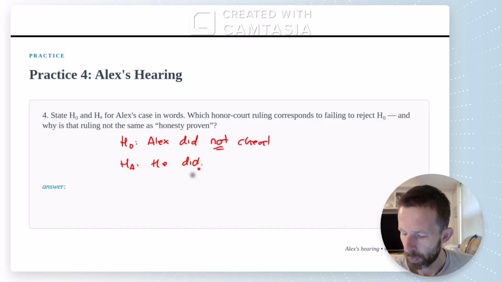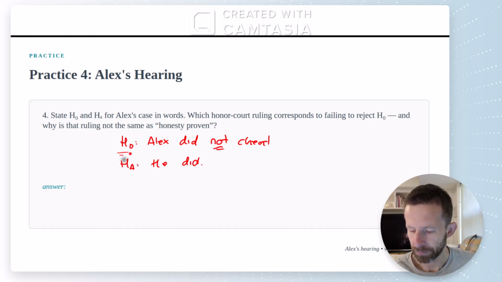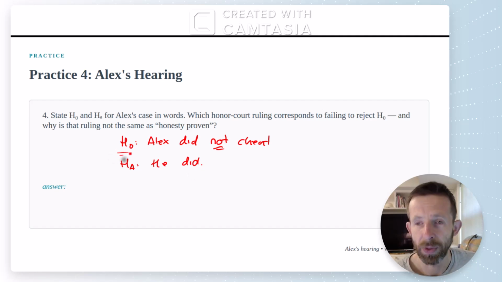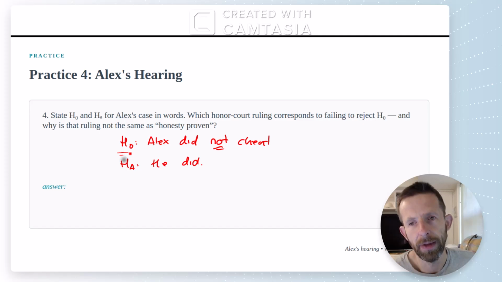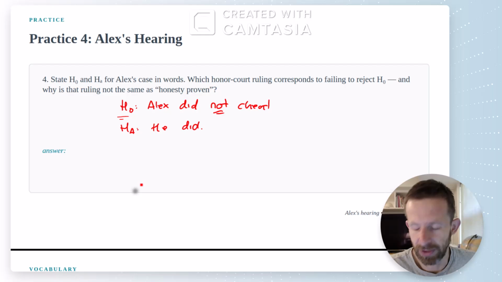Which honor court ruling corresponds to failing to reject the null? So if there's not enough evidence, then we basically say we don't have enough evidence that he cheated. If there is enough evidence, we say there is enough evidence that he cheated. We never actually prove that he didn't cheat. There either is enough evidence or there's not enough evidence to conclude that he cheated.